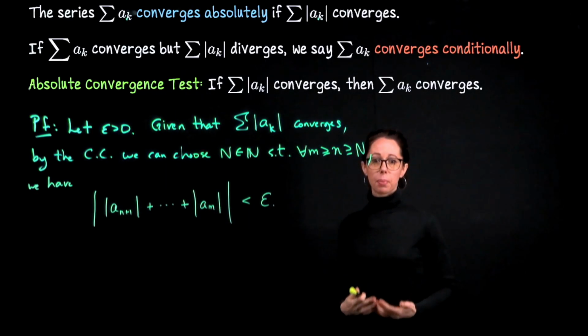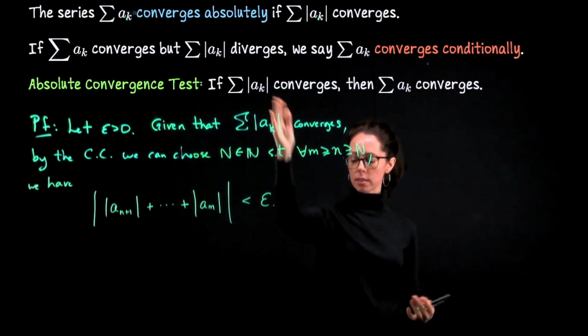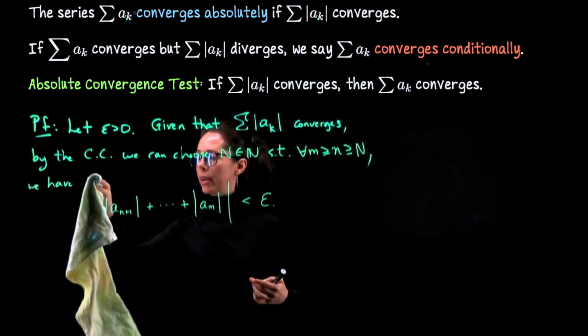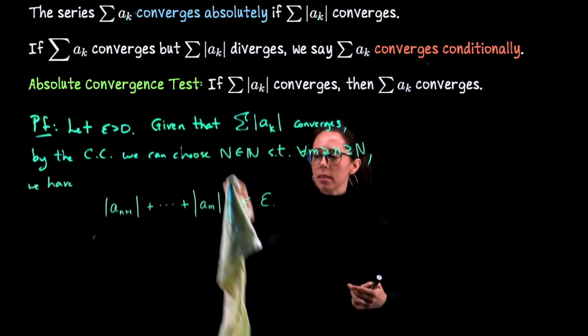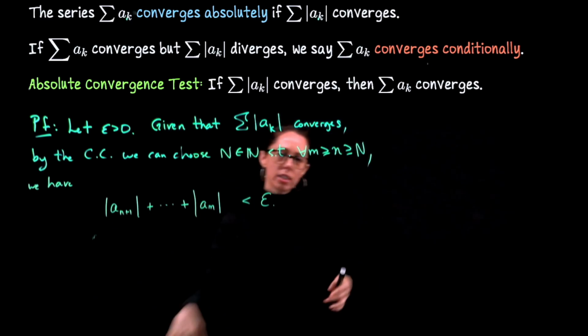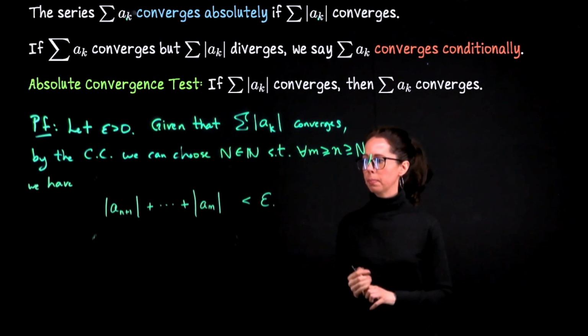This is directly applying that opening statement to this series, given that it converges. You can leave this as it is. I'm going to run out of room if I rewrite it, so I'm just going to erase the absolute values here because the left-hand side is non-negative, so there's no need for these enclosing absolute values. I just wrote them in the first place in order to make it really match the opening statement.